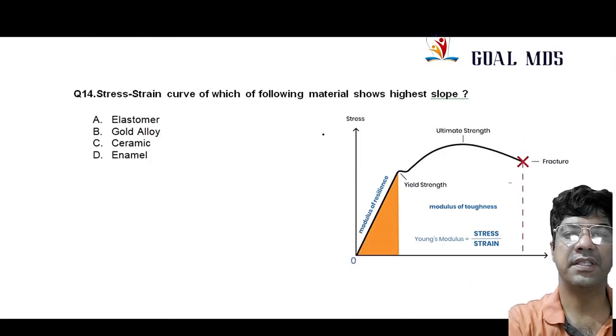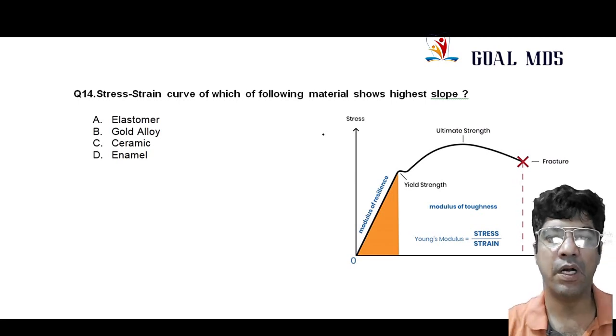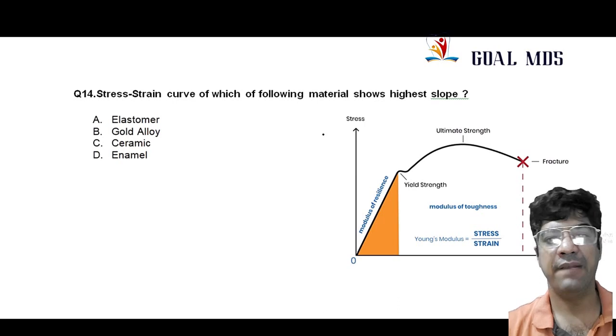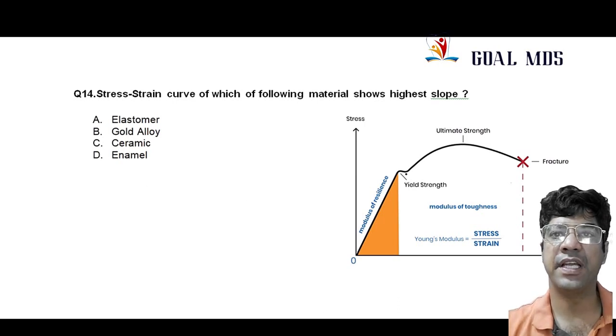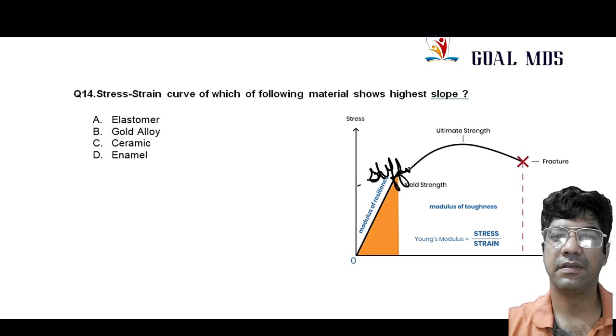The next question, the stress strain curve of which of the following materials shows a higher slope? The material with the higher slope on a stress strain curve is typically one with the highest stiffness or modulus of elasticity.